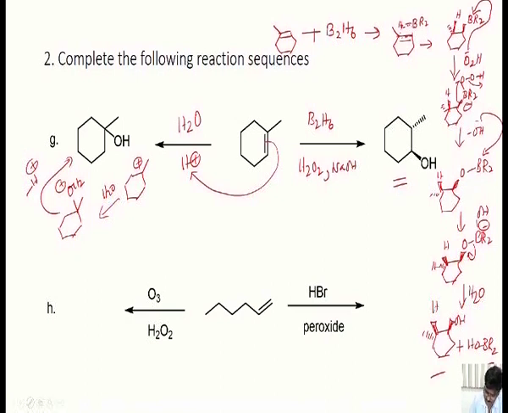If you look at here, this hydrogen and hydroxy group come to the same side, and the boron always approaches the less substituted carbon, and you can get the opposite regiochemistry when compared to the acid base hydration, and in the case of hydroboration oxidation you get this alcohol as the product.